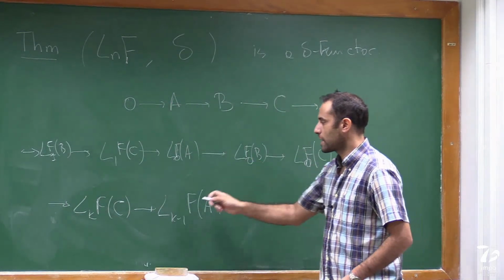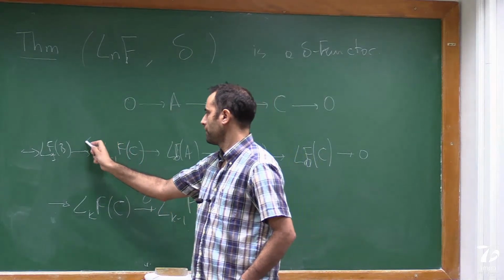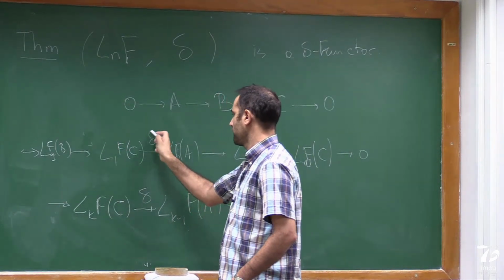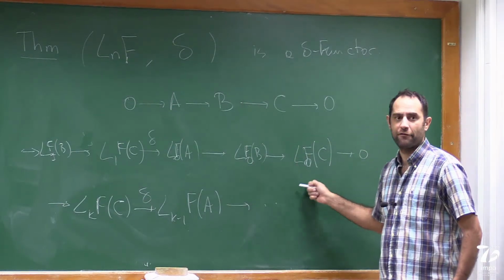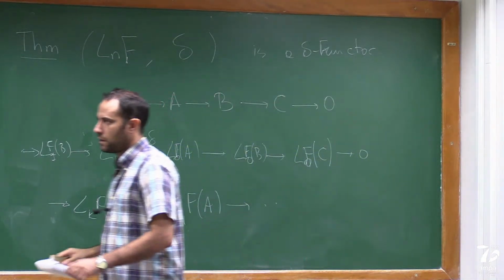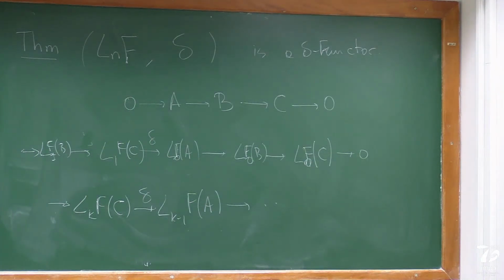So what we need to construct is these connecting maps. The first observation is that this is F, and here we'll use the fact that F was right exact. Perhaps a couple of observations.